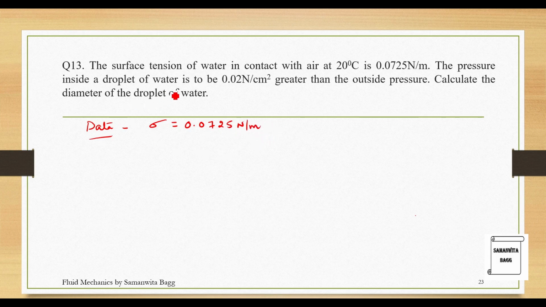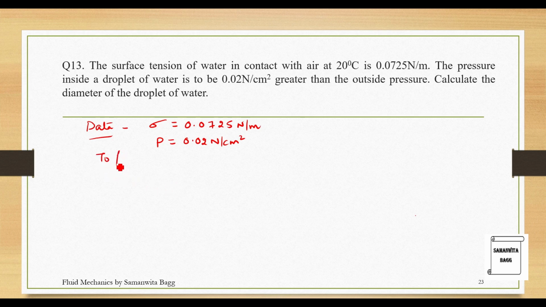The pressure inside the droplet of water P is given as 0.02 Newton per centimeter square greater than the outside pressure. Now it is obvious that the pressure inside the droplet has to be some value more than the atmospheric pressure which is exerted from outside. Otherwise, the droplet will not remain in its shape, it will just burst if the pressure reduces inside. Calculate the diameter of the droplet of water.